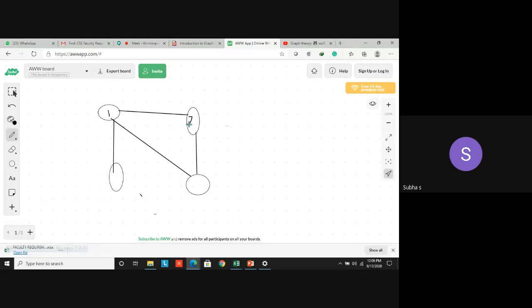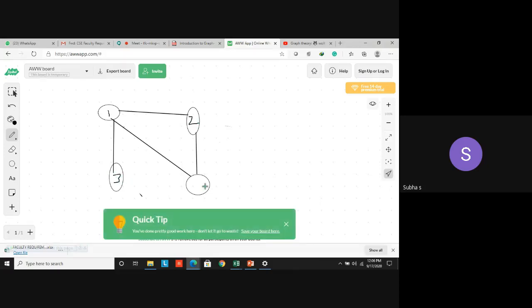You can draw it first. So here you have 4 vertices. Now you have to write the matrix form: 1, 2, 3, 4 for rows, and for columns also 1, 2, 3, 4.